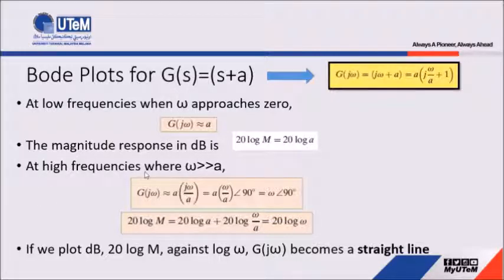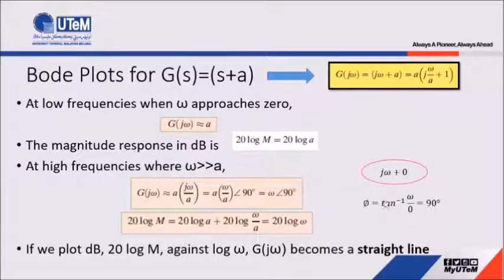Okay, at high frequency where omega is very big compared to a, we ignore the value of 1, so the equation becomes a times jω divided by a.